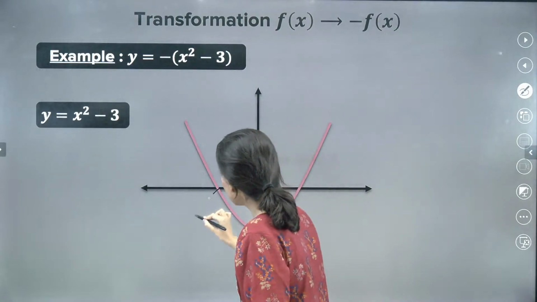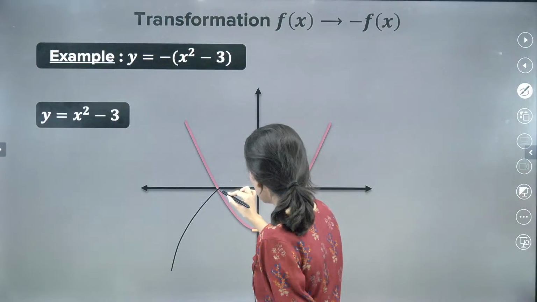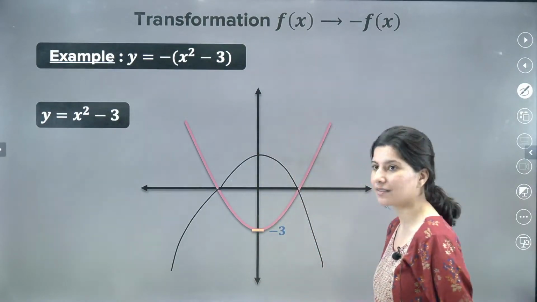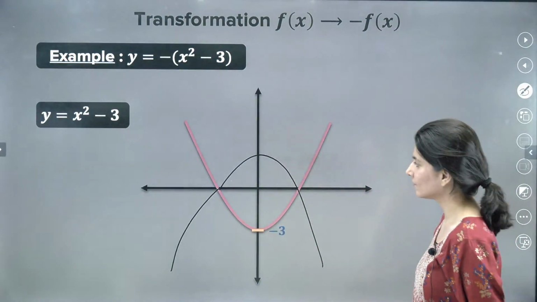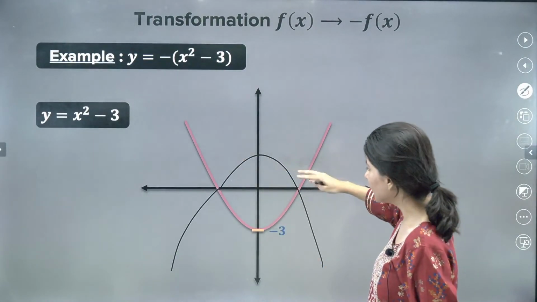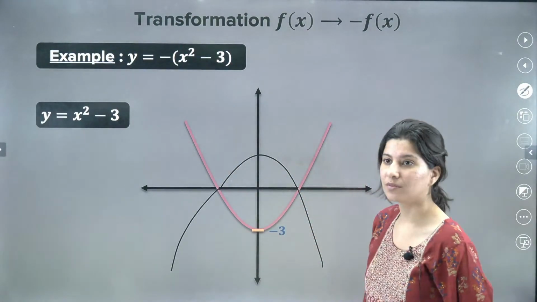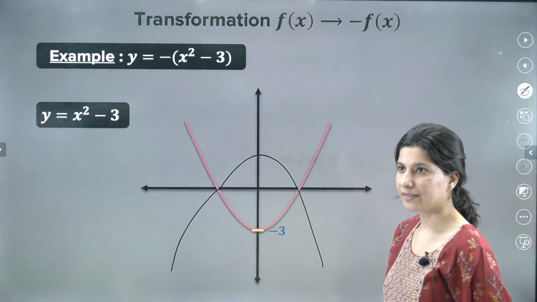So yes, now the final graph of minus of x square minus 3 will look like this. So this is it, and this and this. That's it. So negative to positive, negative to positive. So below to above, above to below, above to below. Clear है क्या? Clear है तो बताओ.